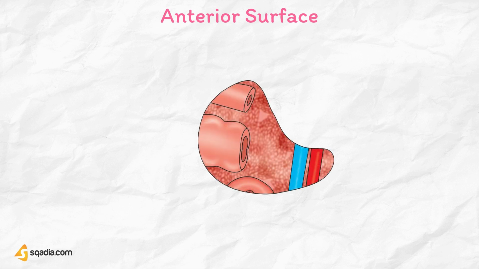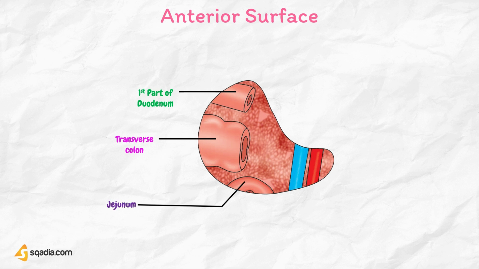Now let's discuss two surfaces of head. The anterior surface is related from above downwards to the first part of duodenum, transverse colon, jejunum, which is separated from it by peritoneum.